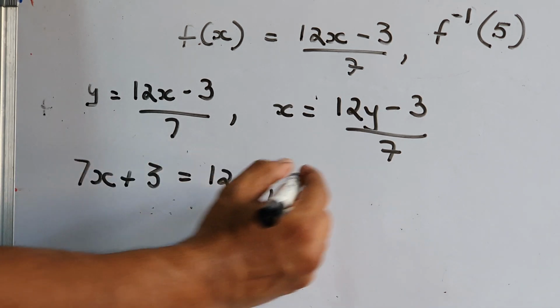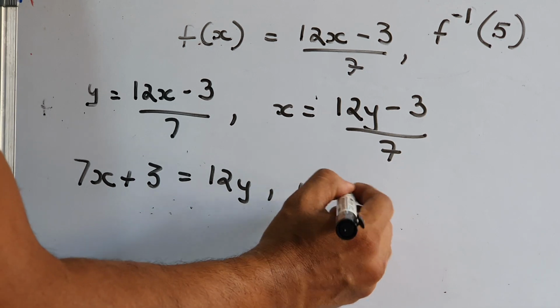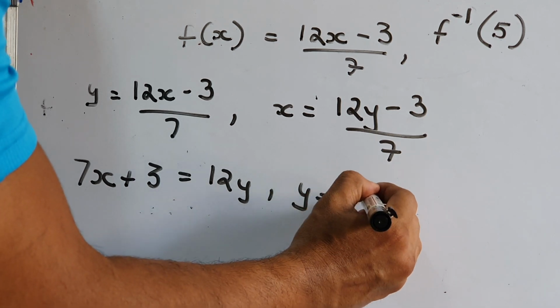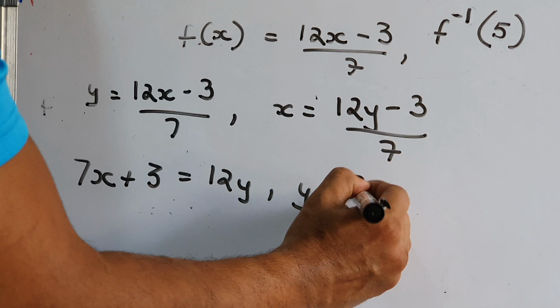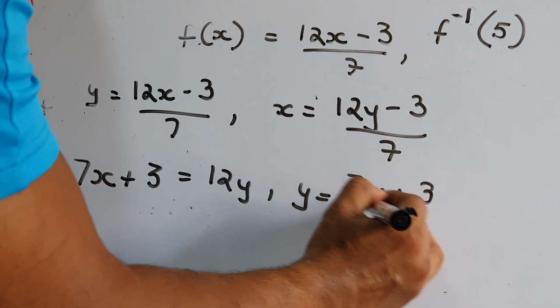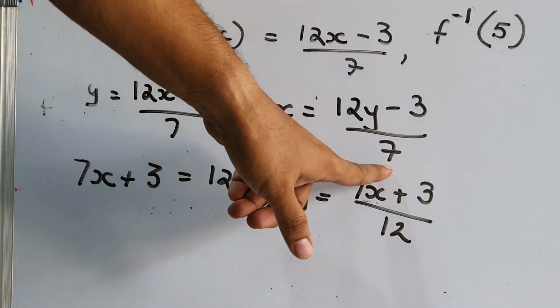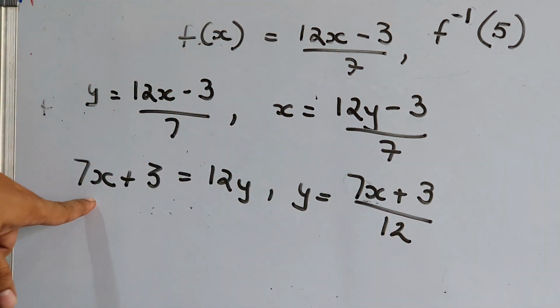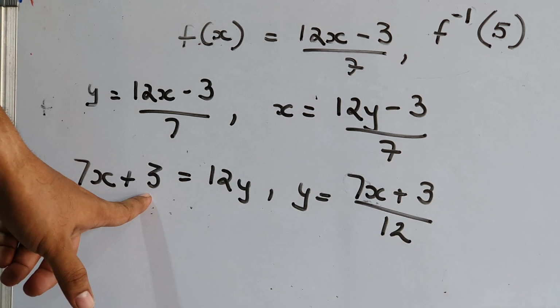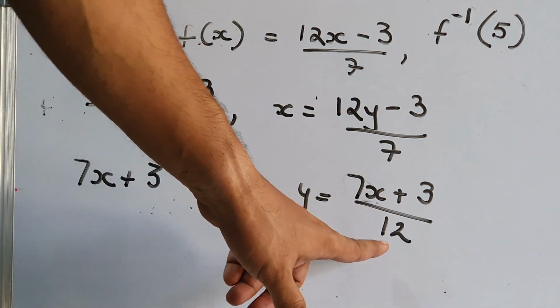Now 12 will go that side, so y is equal to 7x plus 3 upon 12. Again I repeat, 7 was divided, it will go here, multiplied, minus 3 will come this side, plus 3, and 12 which was multiplied, divide.